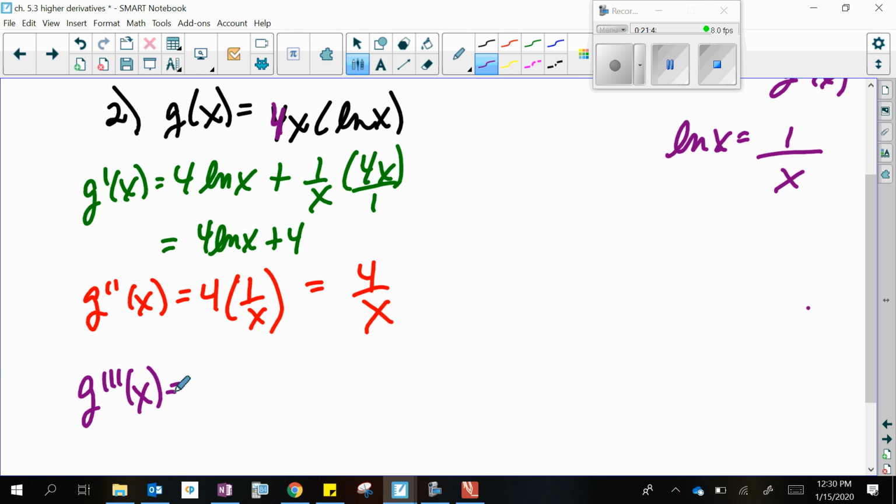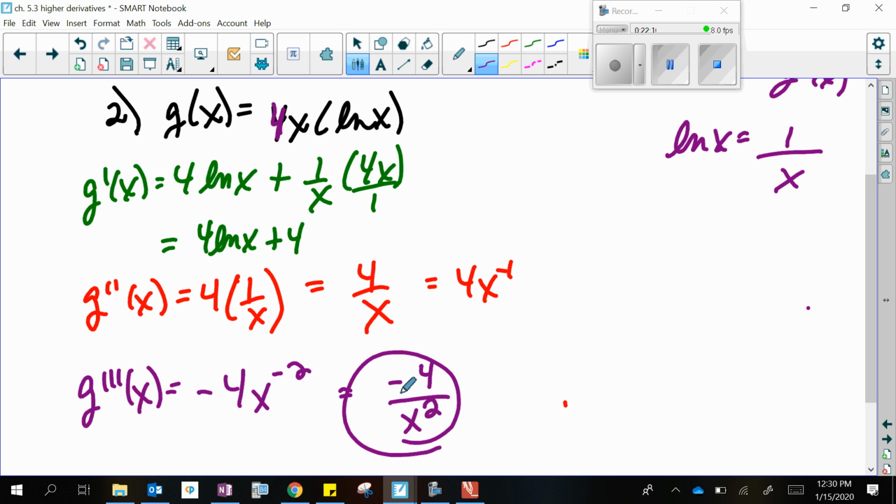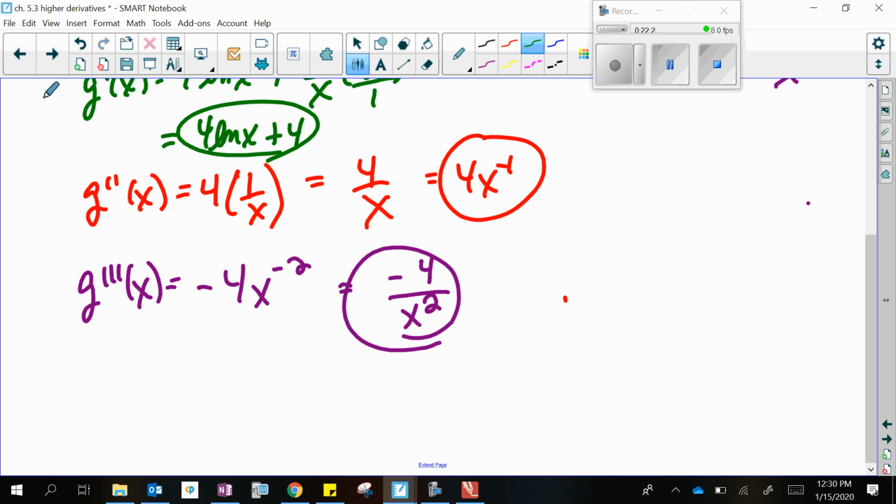So rewrite it so it is actually 4x to the negative 1, right? Everybody with me on that one? And then we take the derivative, so we bring down the negative 1, we get negative 4x to the negative 2. So rewrite that, we get negative 4 over x squared. Okay, that makes sense? All right, so again, that's 3 derivatives.